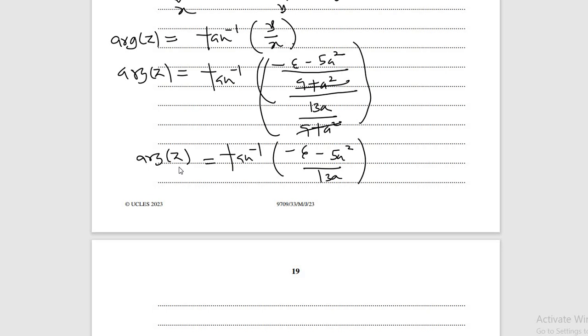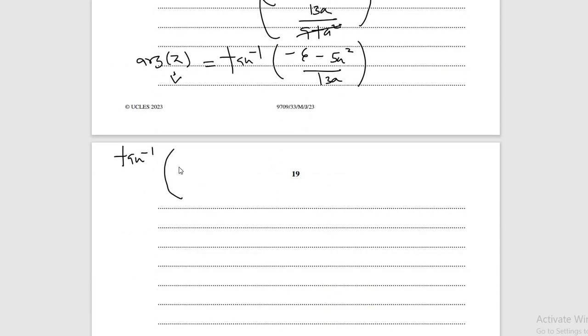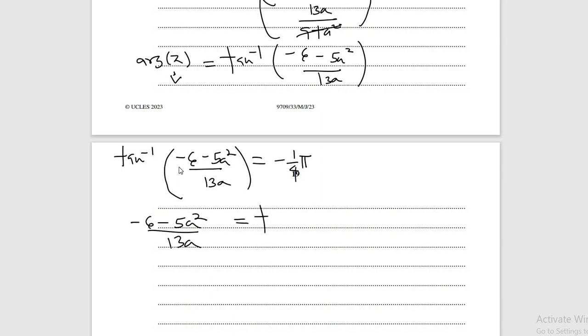And the question says that the argument of z is minus 1 over 4 pi, which means that arctan of minus 6 minus 5a squared over 13a is equal to minus 1 over 4 pi, which is the same thing as minus 6 minus 5a squared over 13a equal to tan of minus 1 over 4 pi.